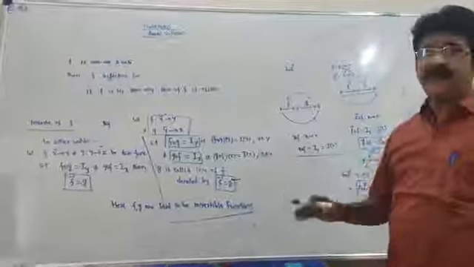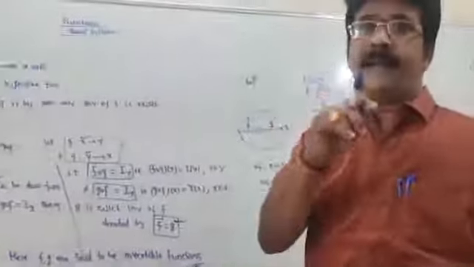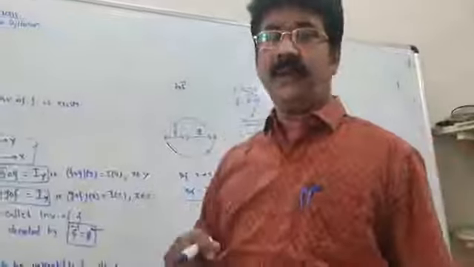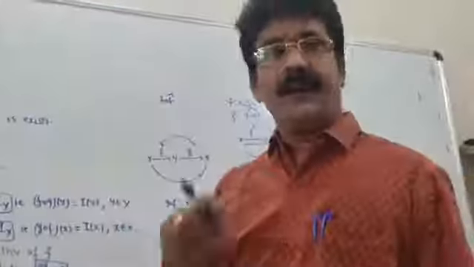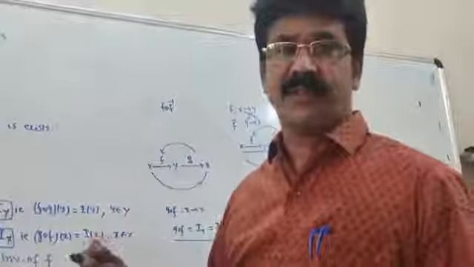Invertible functions are also called one-to-one onto functions or bijective functions or invertible functions. We can say it with different names. Remember.